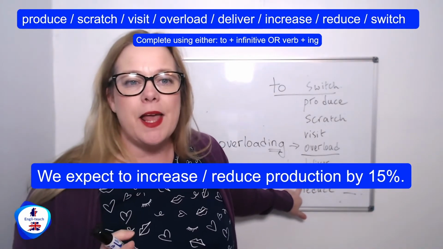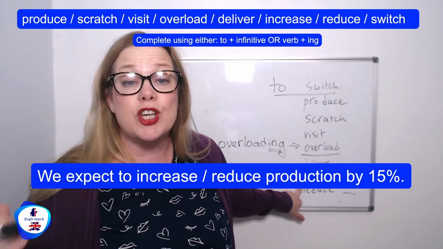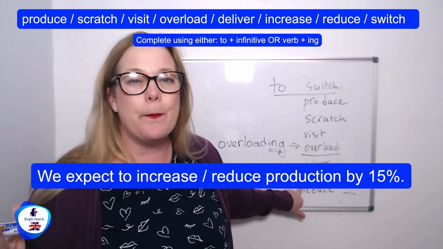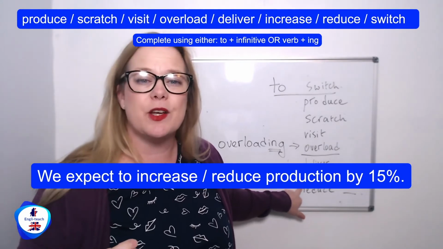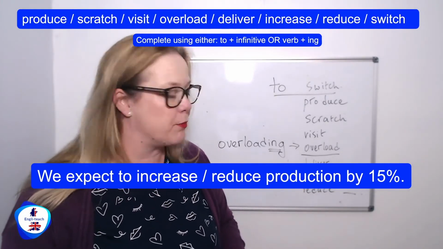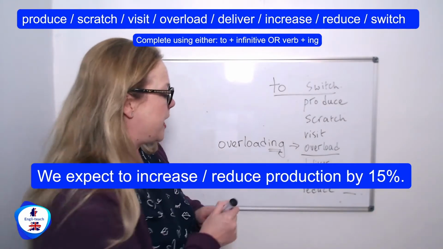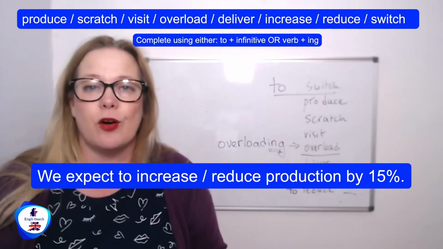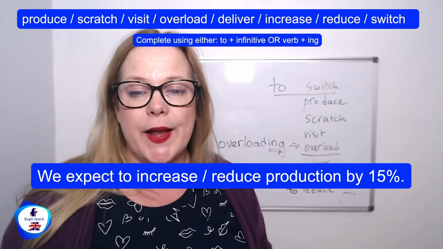But let's say maybe they had to reduce or stop producing a certain amount of something, an item, then you would use we expect to reduce production. So it can be either or, depending on the scenario. Okay, let's move on.